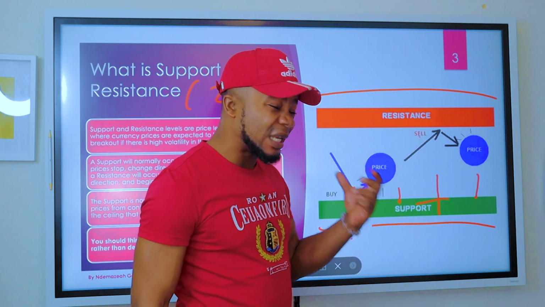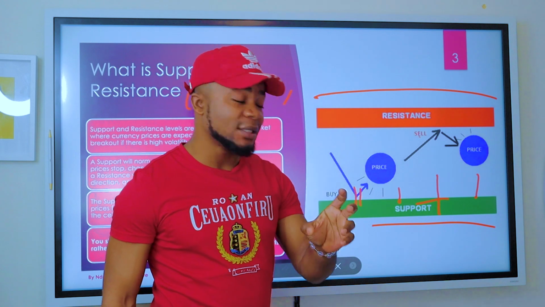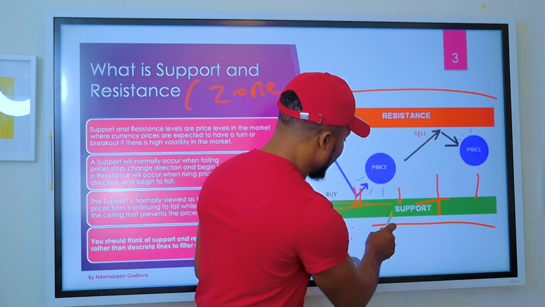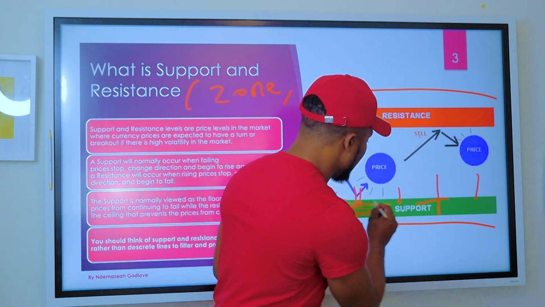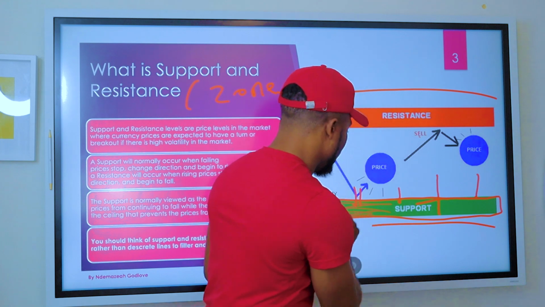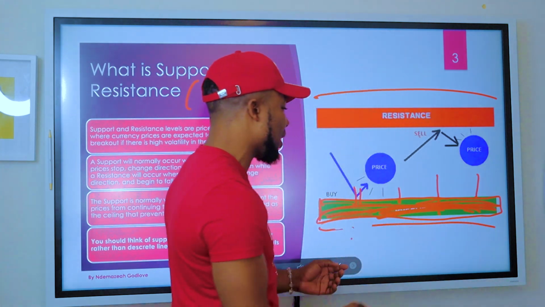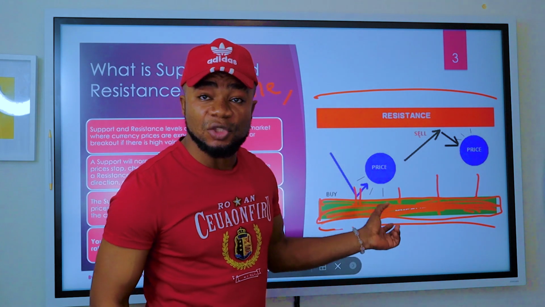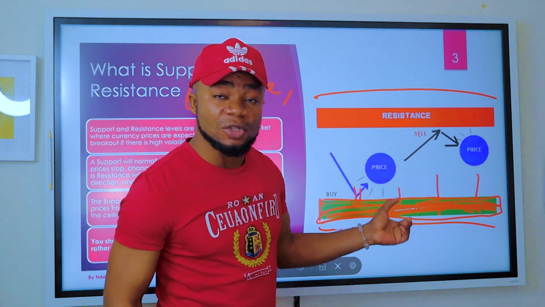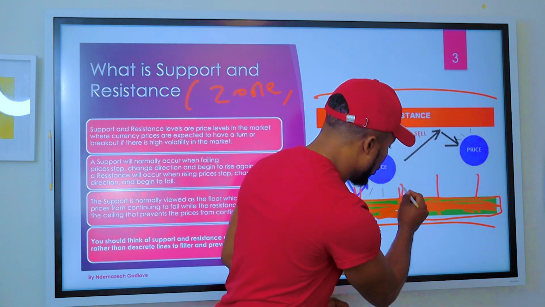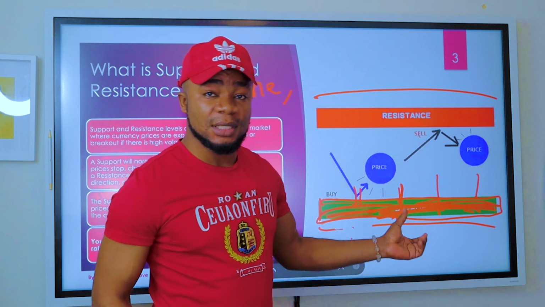No, since you are treating support and resistance as a zone, the price has the capacity to fluctuate here. The price can still fluctuate over the whole of this area, and it will still be respecting the support zone. Even if the price goes down here, it will still be respecting the support zone.